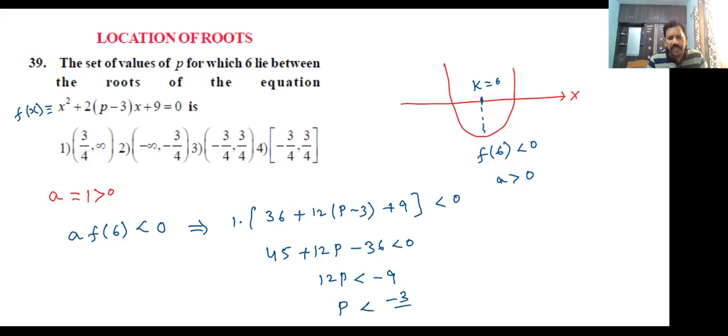That means minus 3 by 4, or not. So P is less than minus 3 by 4. Therefore, P belongs to minus infinity comma minus 3 by 4. Okay. So which option is correct, students? Second option.